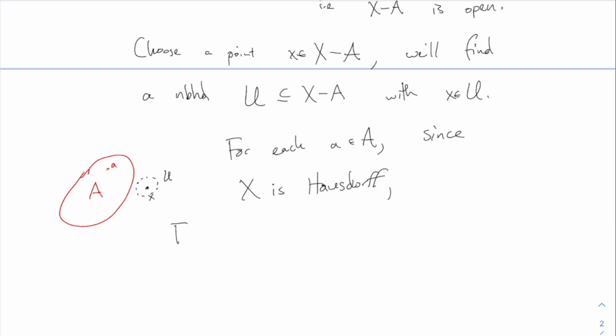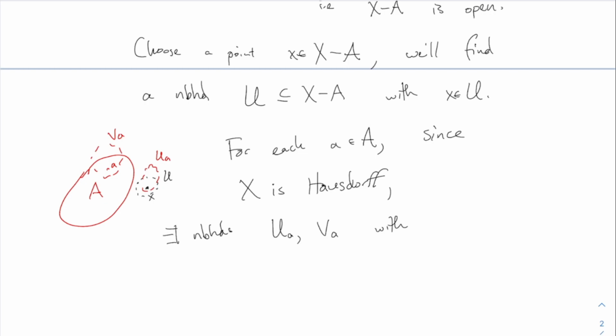There exist two neighborhoods. I'll call them UA and VA, where the V is around A, the little a here. So this here is VA, and the UA is around X.